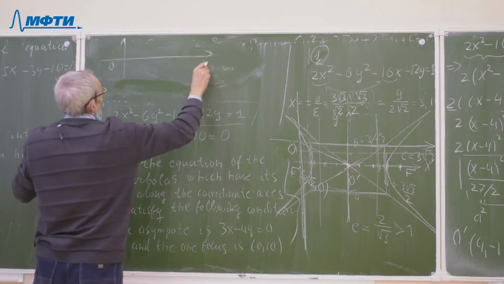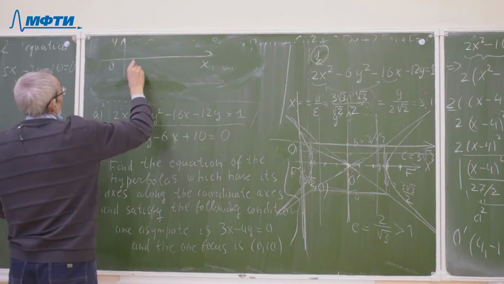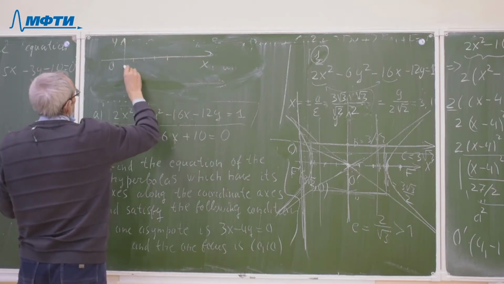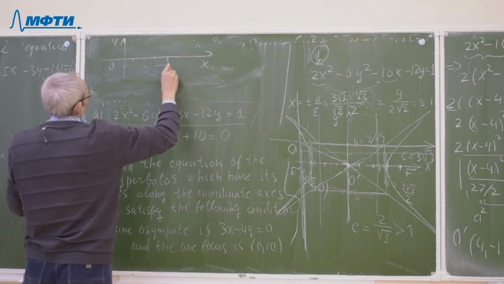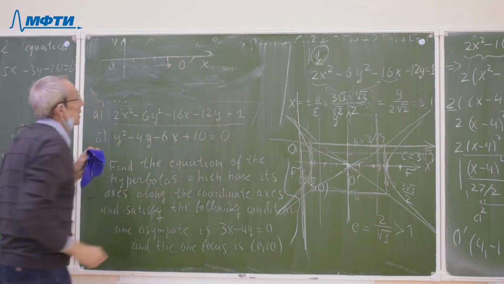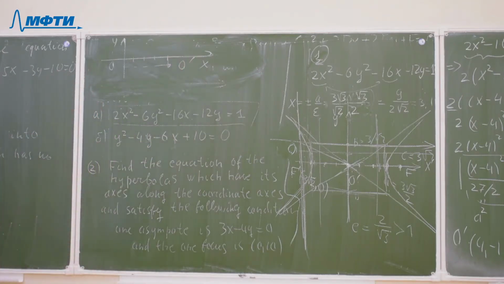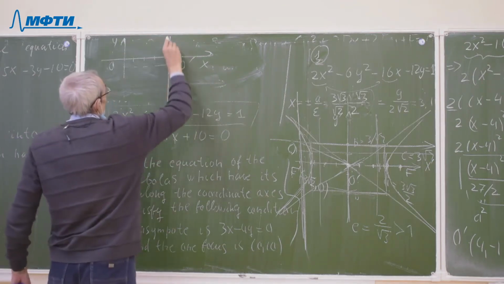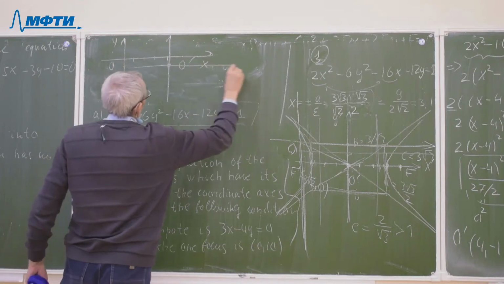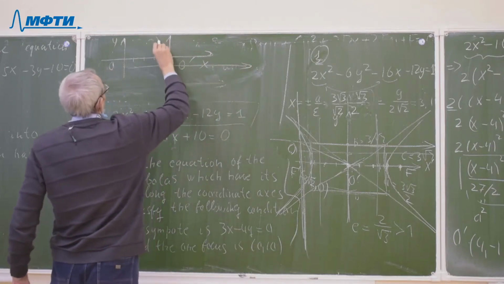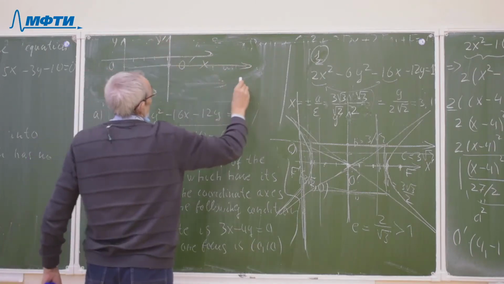O, X, Y. And I have the new coordinate system which has as origin O prime, and this coordinate system has parallel axes X prime, Y prime.